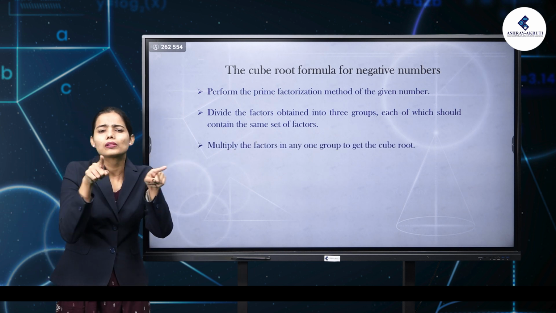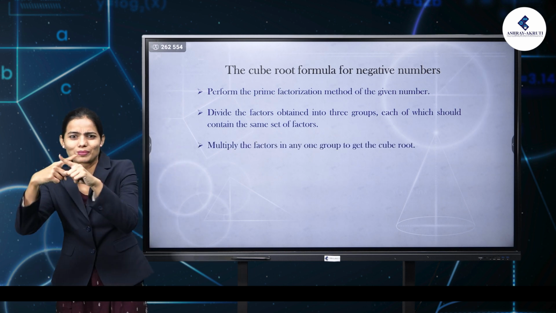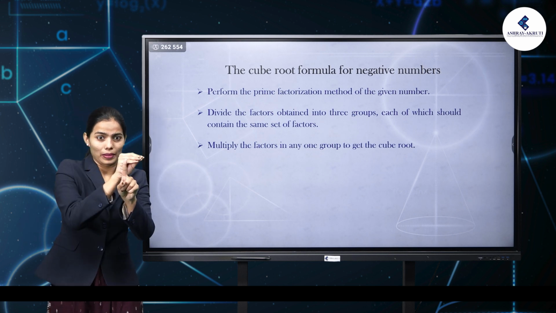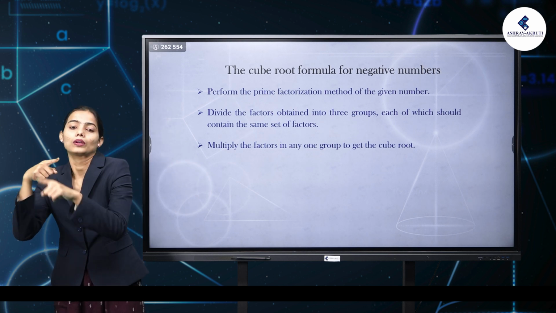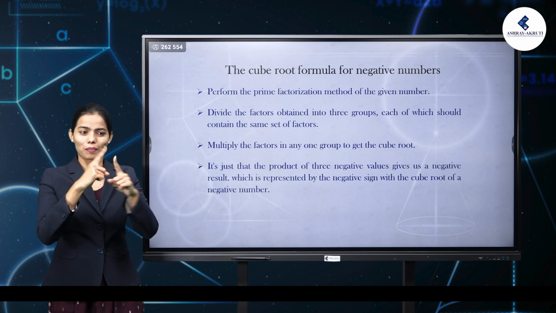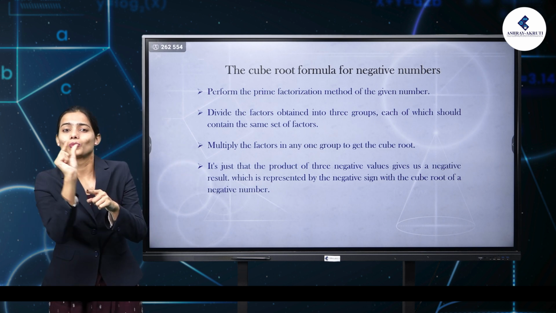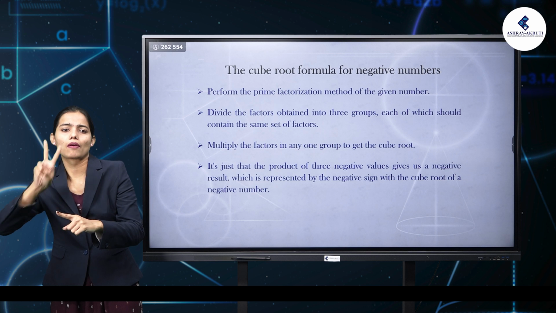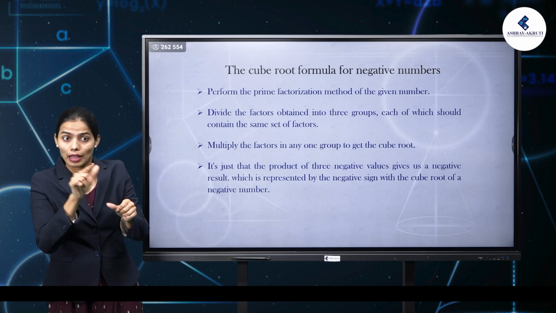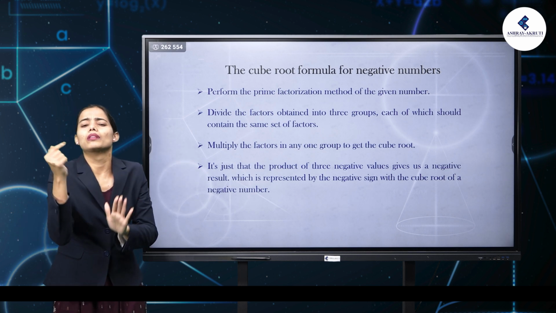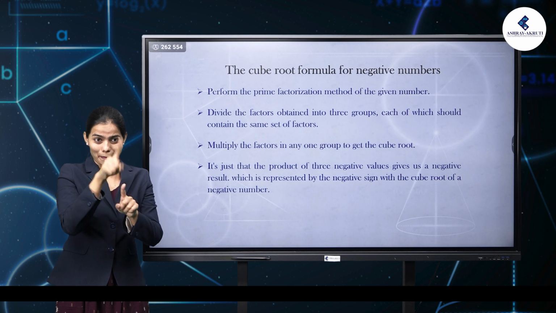Multiply the factors in any one group to get the cube root. It's just that the product of three negative values gives us a negative result, which is represented by the negative sign with the cube root of a negative number.